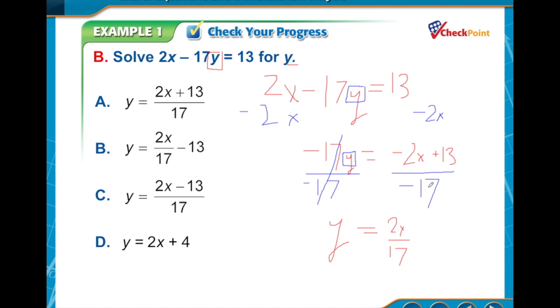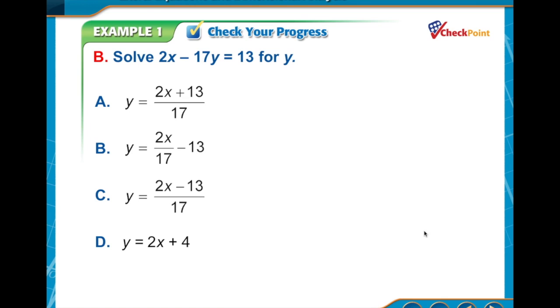And then 13 divided by negative 17 is a negative value. So I'll put a minus 13 over 17. So if we look at those steps, our solution is going to end up as C. So when we shuffle these things around, this is what we get as our solution. That is our variable solved for, our equation solved for y.